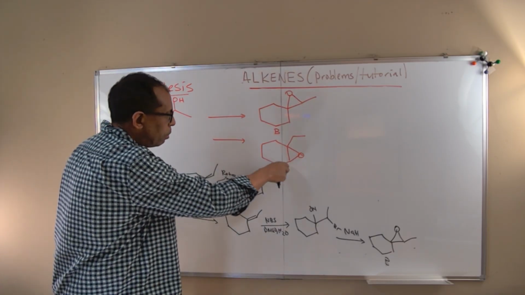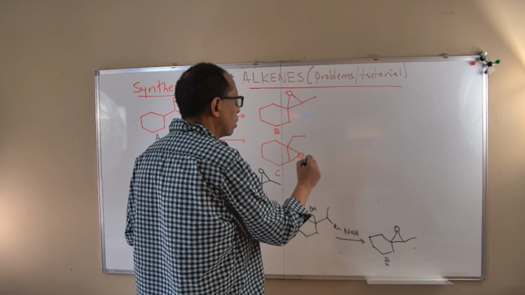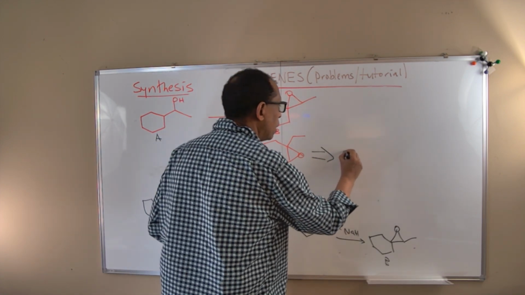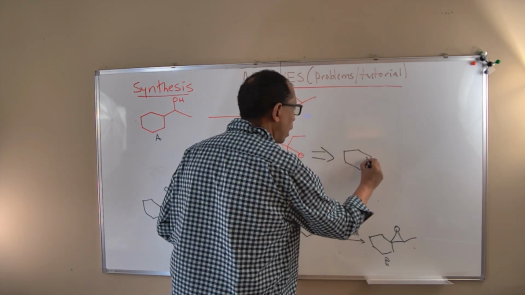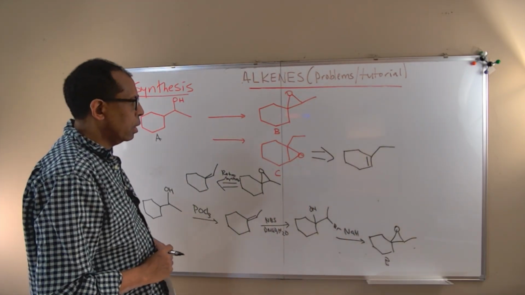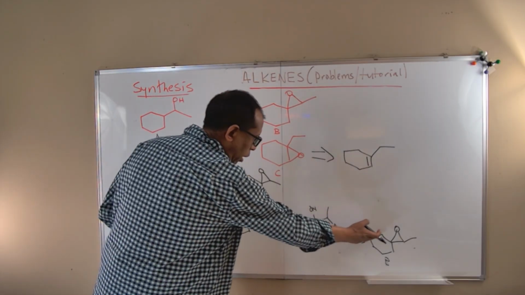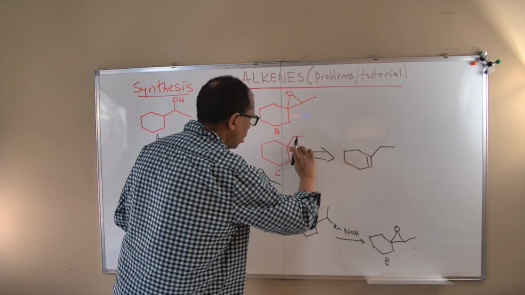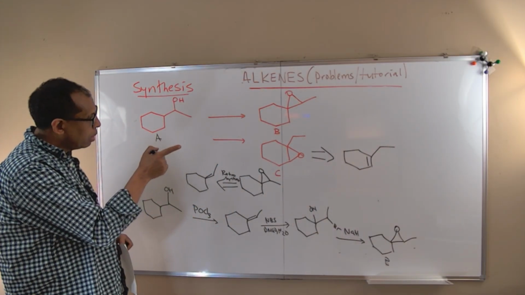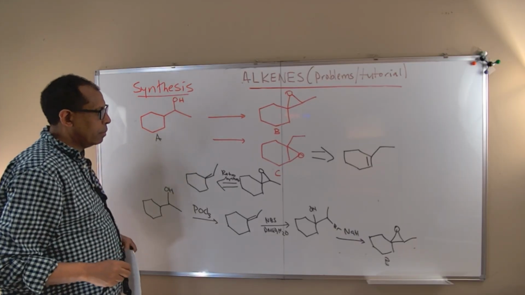But here, the double bond where the epoxide is formed, if I do retrosynthesis to this, I have to have something like this, right? Because then if I just follow this step, I can make the epoxide, that double bond, right? But how do I get that double bond inside? My reactive species is outside.